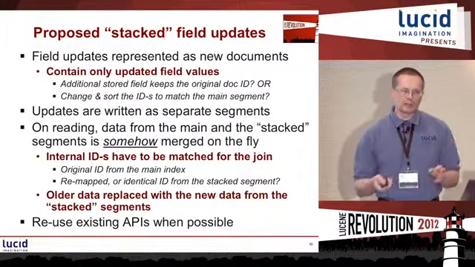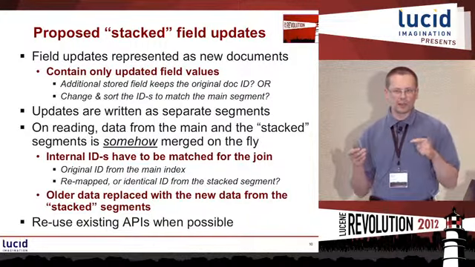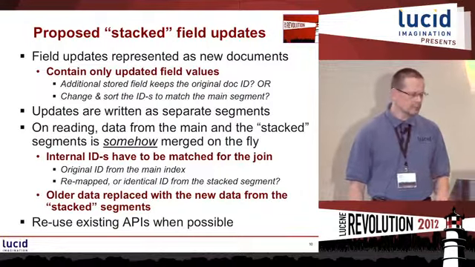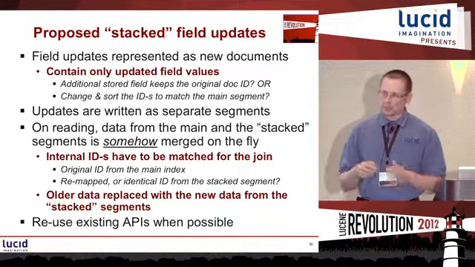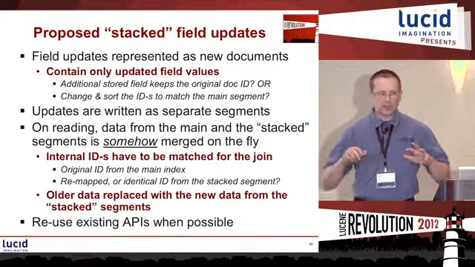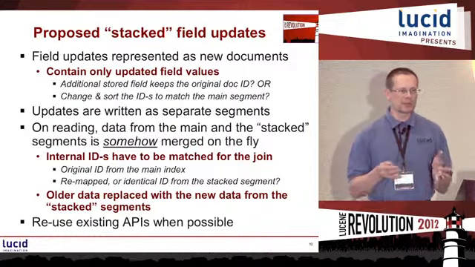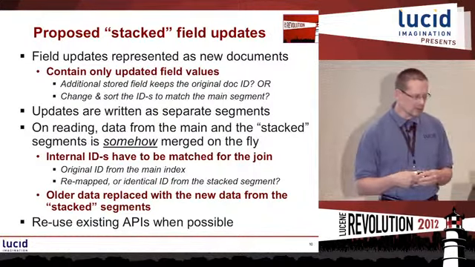Maybe for now I could store the original document ID in this update and just add it as it goes. So updates would then be written to separate segments. They would exist in sort of a foreign namespace, not in the same namespace as regular segments exist in Lucene, so they are not confused.